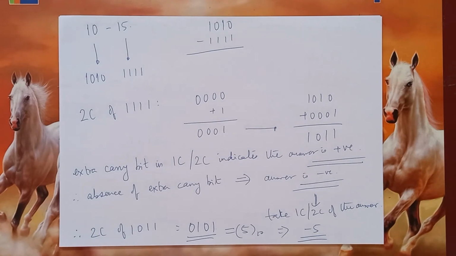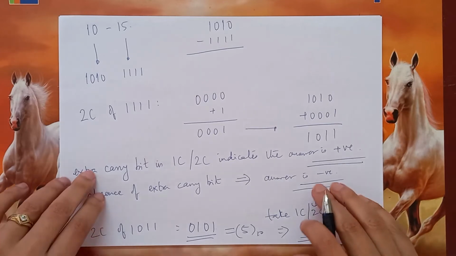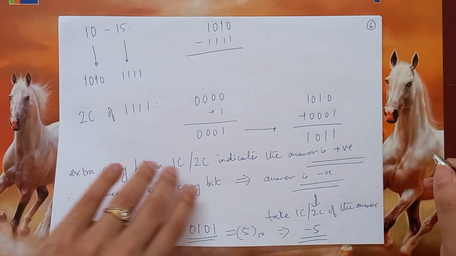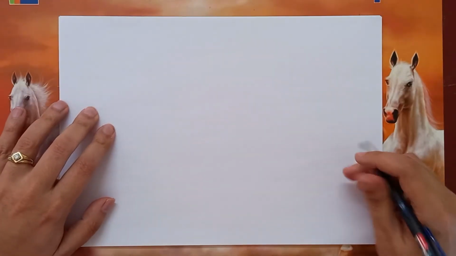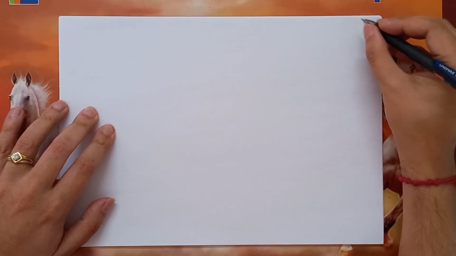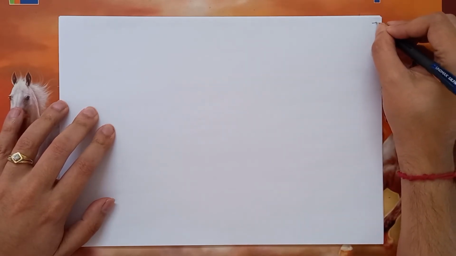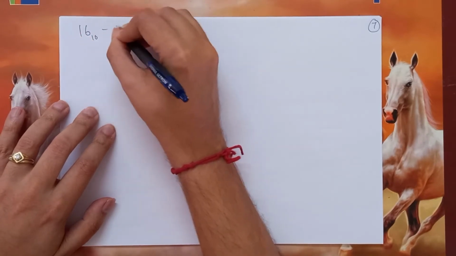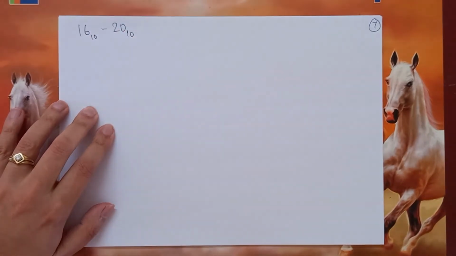Let us take one more example. Let us take slightly bigger numbers. Let's say we try to do 16 in decimal minus 20 in decimal.